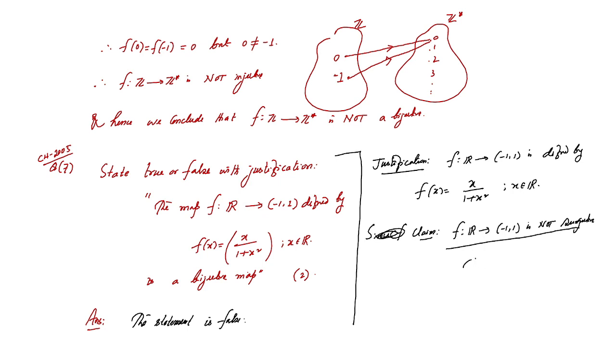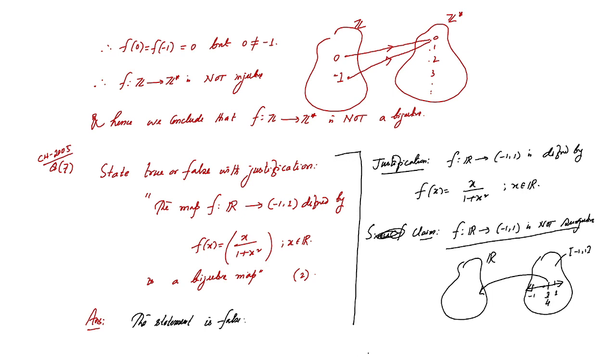For example, this is your set of real numbers, this is your codomain, say -1 to 1. If we take a number, say 3/4, we will say that element has no preimage.